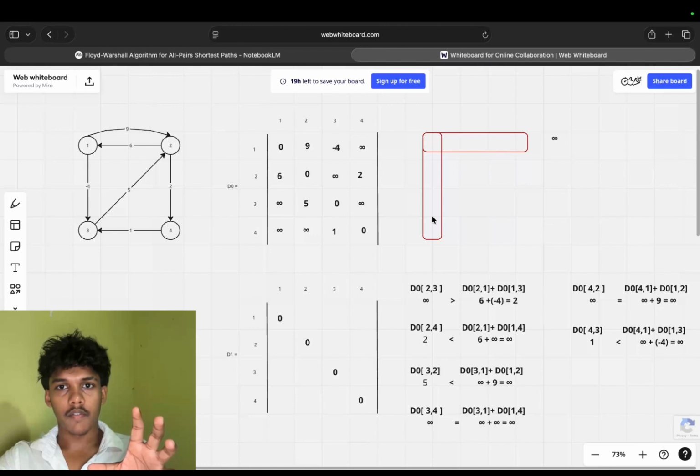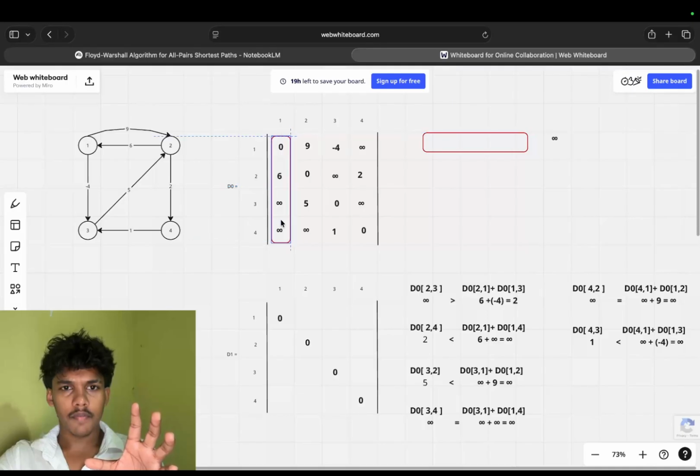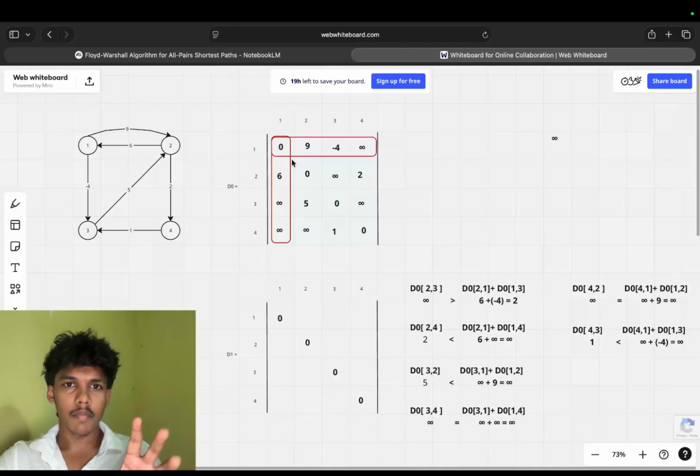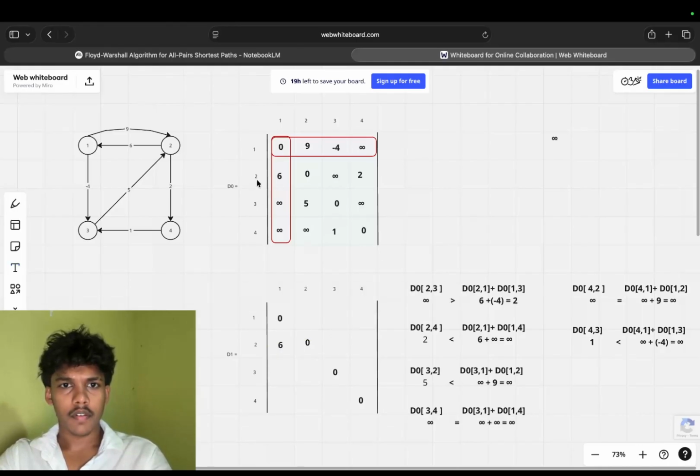So from the D0 matrix, get the column of 1 and the row of 1. This will be our working column and working row. So fill out those accordingly. 6, infinity.